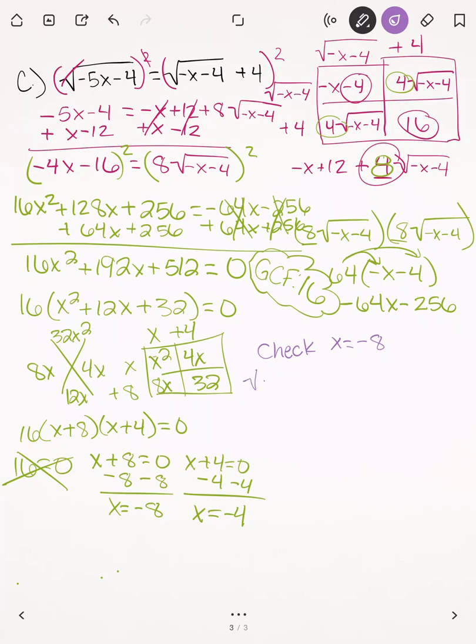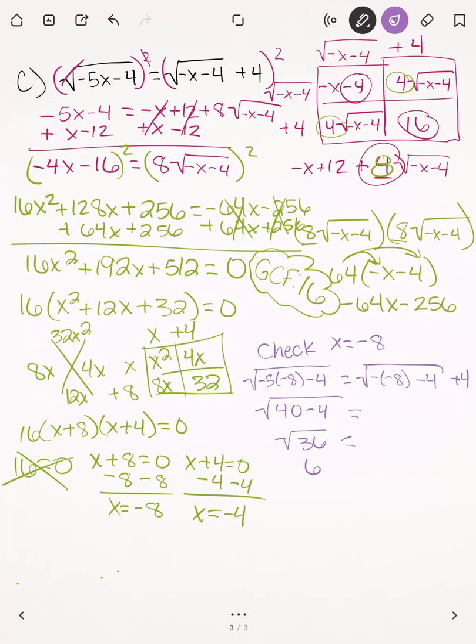So negative 5 times negative 8 minus 4, and then we have that equal to the square root of a negative 8 minus 4 plus 4. So here we go. Negative 5 times negative 8 is a positive 40 minus 4. That gives me a positive 36. And the square root of 36 is positive 6.